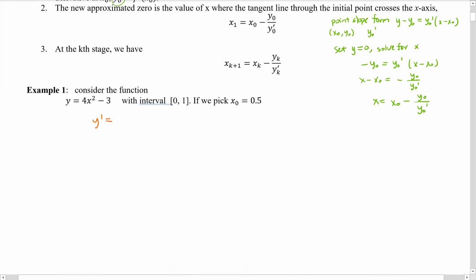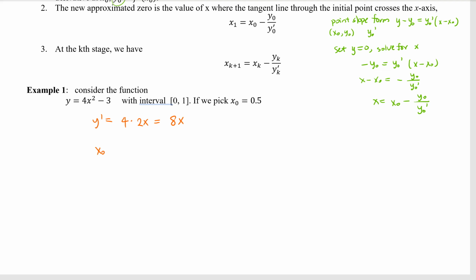Derivative of constant multiples stays, so 4 stays here. Derivative of x squared is 2x. So that is 8x. Sometimes if we have more complicated functions, you might expect to use product rule, quotient rule, and chain rule. Okay, so after that, we're ready.